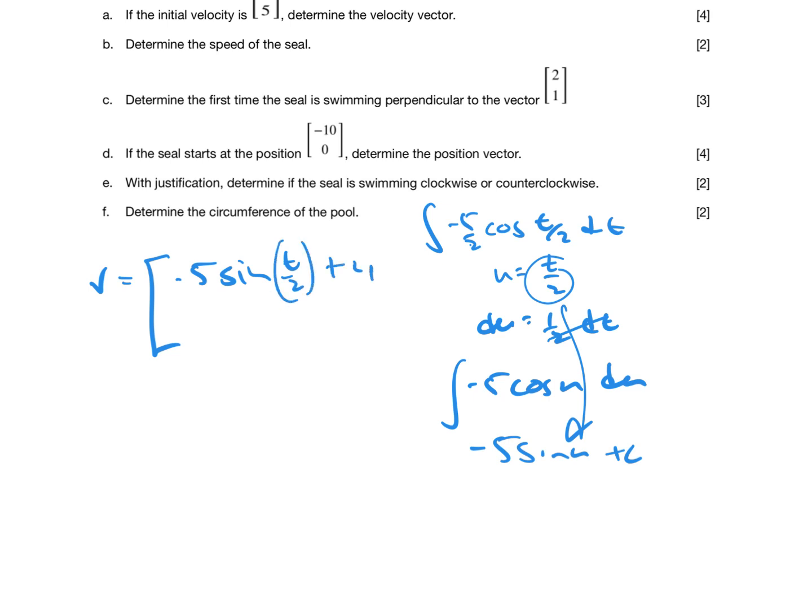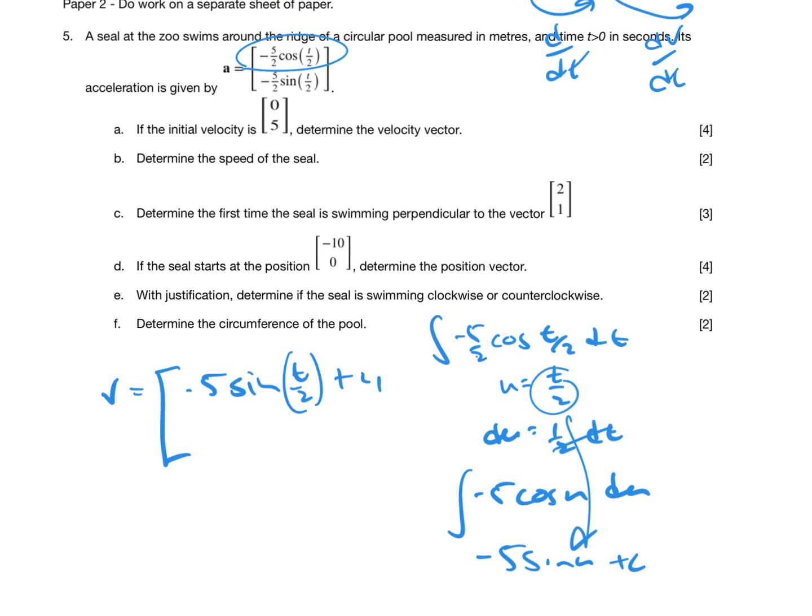And similarly with the acceleration, I know sine will give me cosine t over 2. The 2 will go away, but I change the sign because the derivative of cosine is negative sine, plus c2.